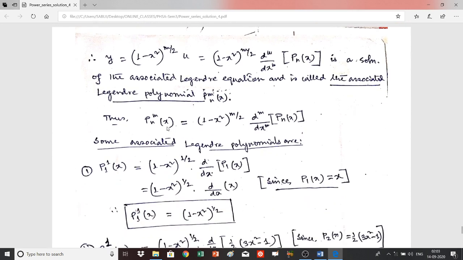And so finally, once again we write the Legendre polynomials for the associated Legendre equation, and it is denoted as Pn^m.